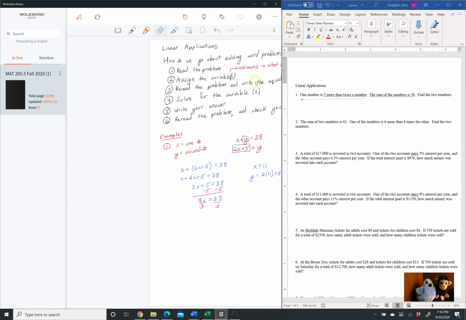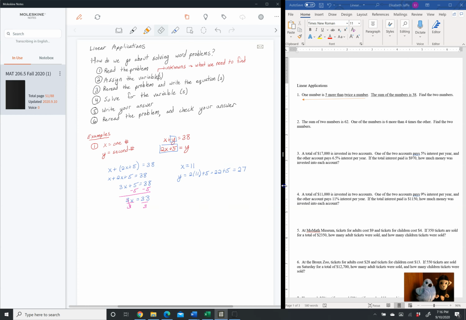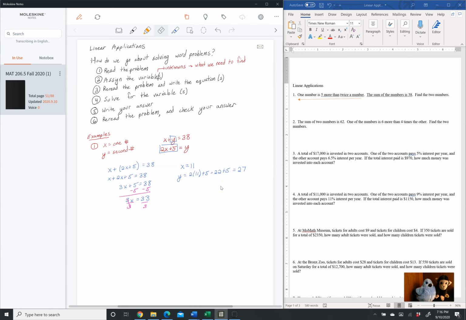It says once we read the problem and write the equation, we solve for the variables. Now we write our answer, okay? Now this has to do with clarity. I'm going to change this just a little bit. So this has to do with clarity, right? Writing your answer. So you're not really writing this as a coordinate because we're not really talking about graphs here. We're talking about two equations and we're finding one number and another number.